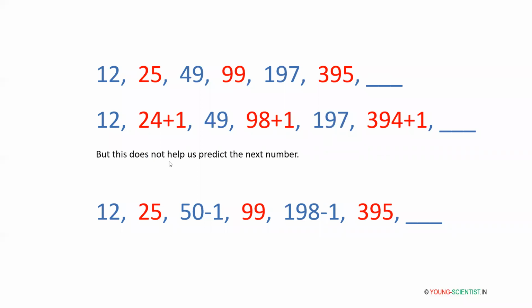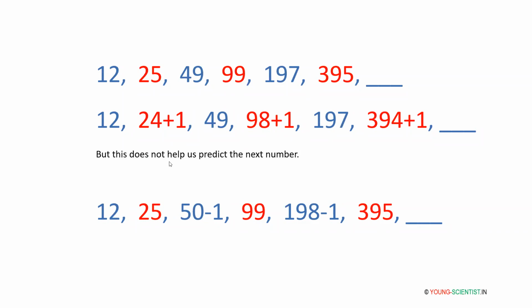So to understand such sequences, we have to look at alternating numbers, and then see if there is a pattern within a subset of the sequence of numbers. So here you divide them as the blue numbers and the red numbers.